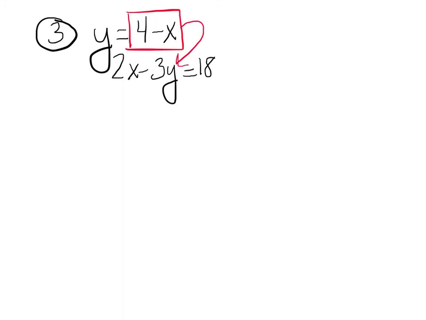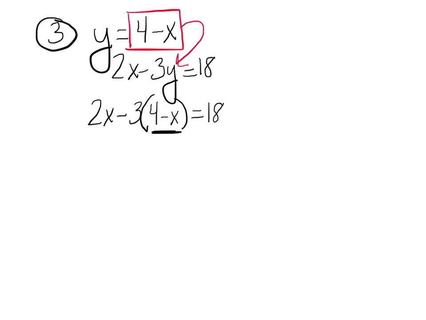You'd plug it in for y, because it says y is equal to 4 minus x, so we plug it in. 2x minus 3 times y, what's y? 4 minus x equals 18. That right there is what we plugged in.